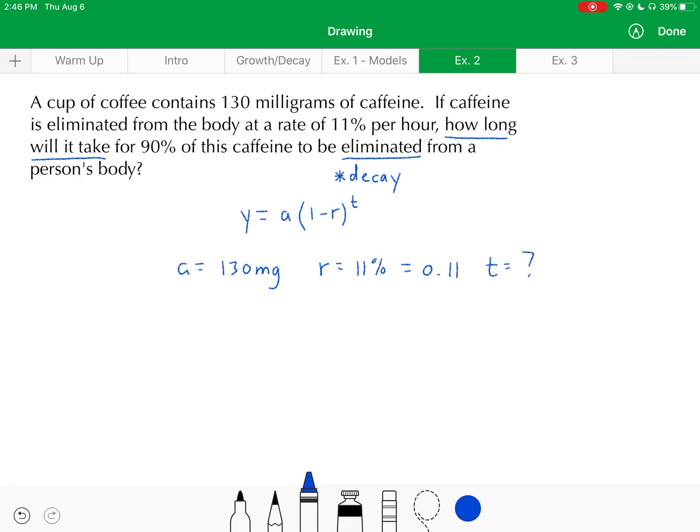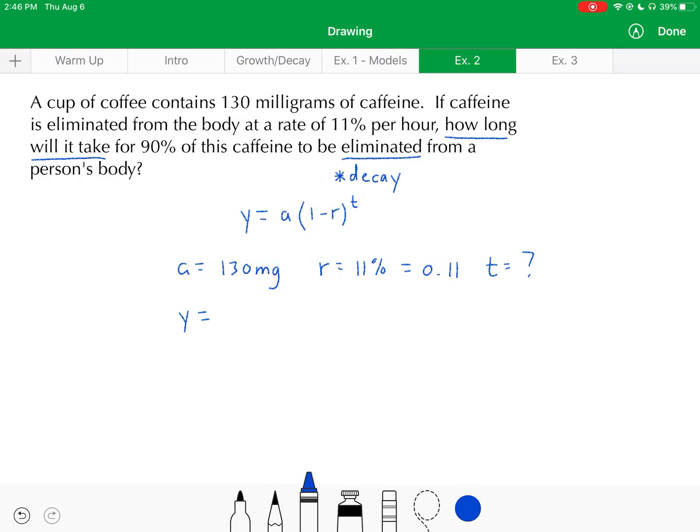And then Y is based off of the fact that I want 90% of the caffeine to be eliminated from the body. Well, if 90% is eliminated, then how much would be left in the body? It would be 10% of the original amount.